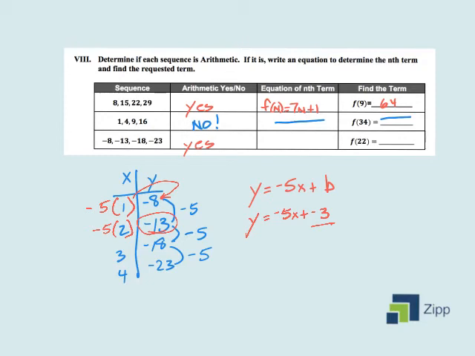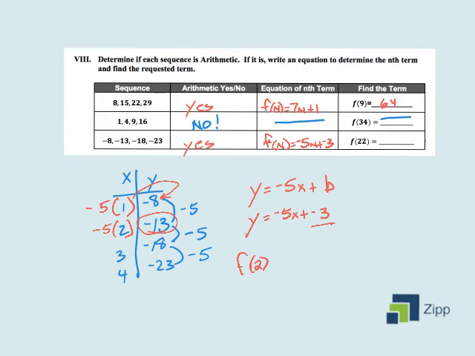We've got a formula. Or I'll write it in function notation. F of n equals negative 5n plus a negative 3. Now you could, of course, write that as minus 3. I just like to keep it in slope-intercept form. Let's find f of 22.